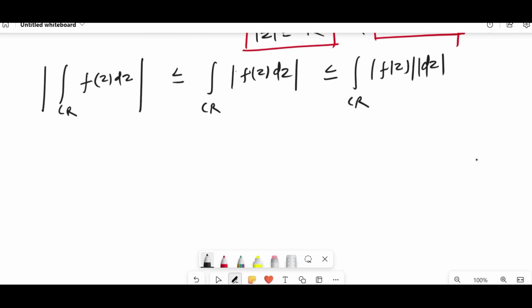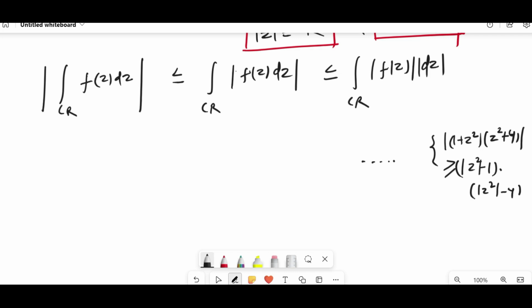So now here, as we know that mod of 1 plus z square and z square plus 4 will be greater than or equal to the product of mod of z square minus 1 and mod of z square minus 4.